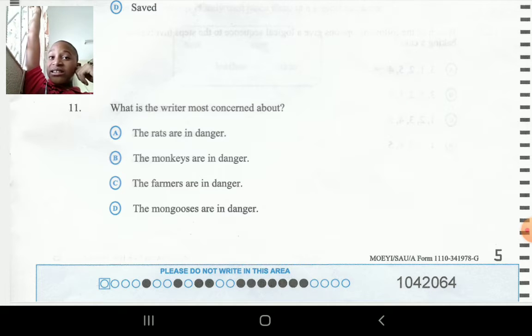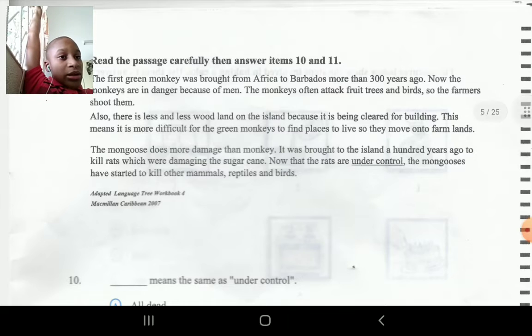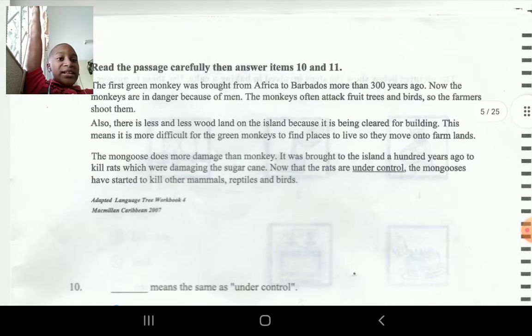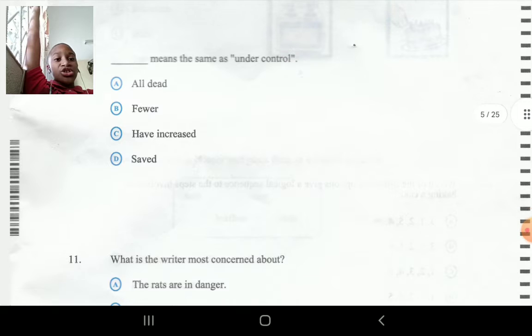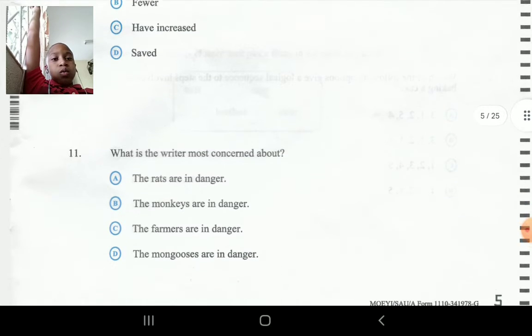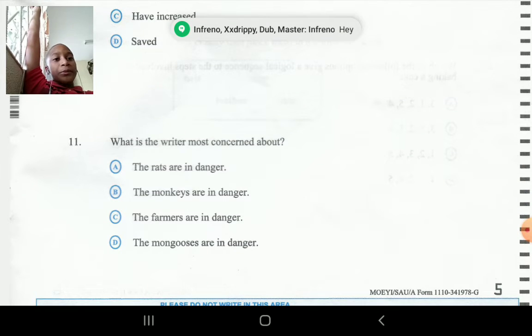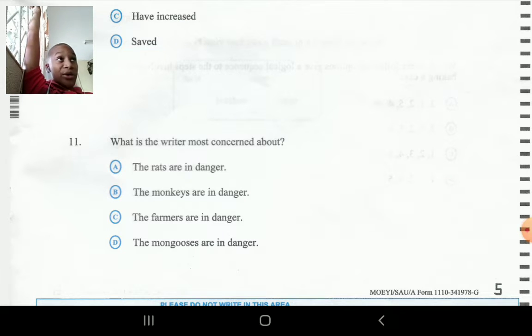The passage didn't say much about the mongoose, just one little part, but it didn't say the mongoose are endangered or in trouble. It couldn't be the farmers, of course. It couldn't be the rats. Why would we care about the rats at the end of the day? So the monkeys are endangered. So B would be the answer.